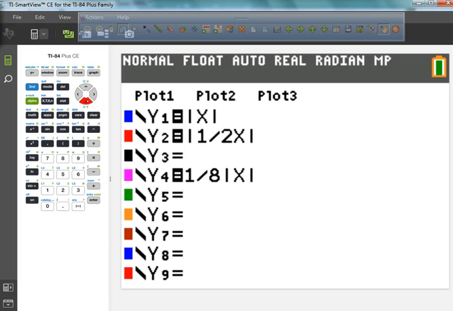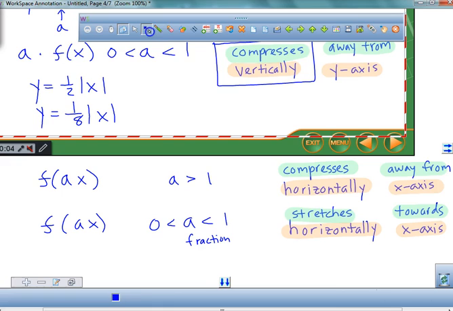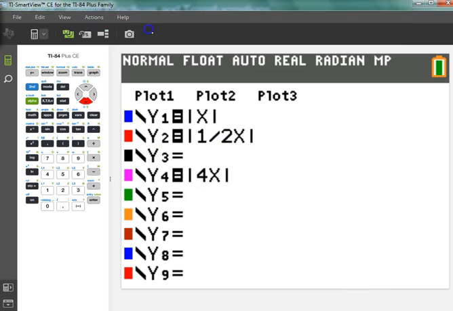Then delete this. Go inside this absolute value bar, hit second insert, and type in a 4 right here. Oops, sorry. Here we go.